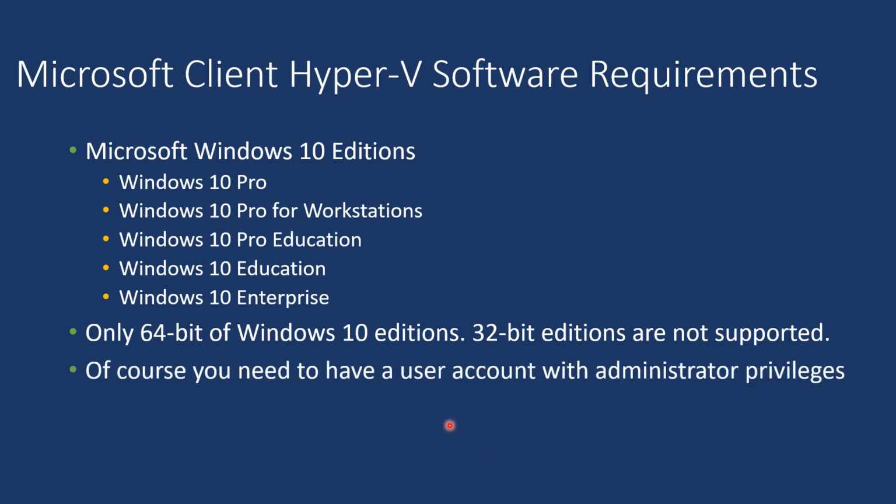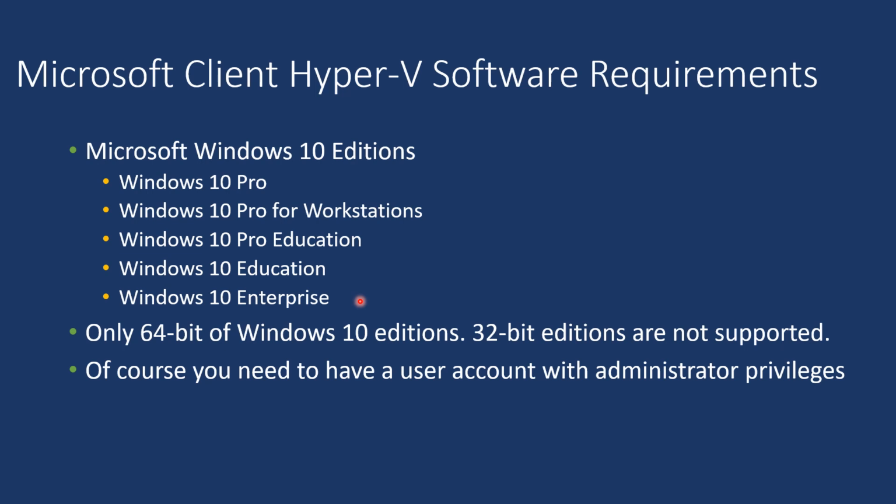And of course, you have to have a user account with administrator privilege to enable the client Hyper-V. One of many questions I get from employees and my friends is, what if my laptop has Windows 10 Home Edition? Unfortunately, many computers, laptops especially, come pre-installed with Windows 10 Home.